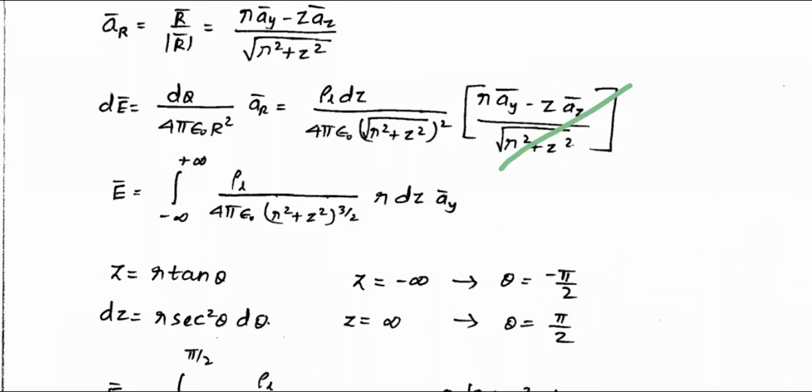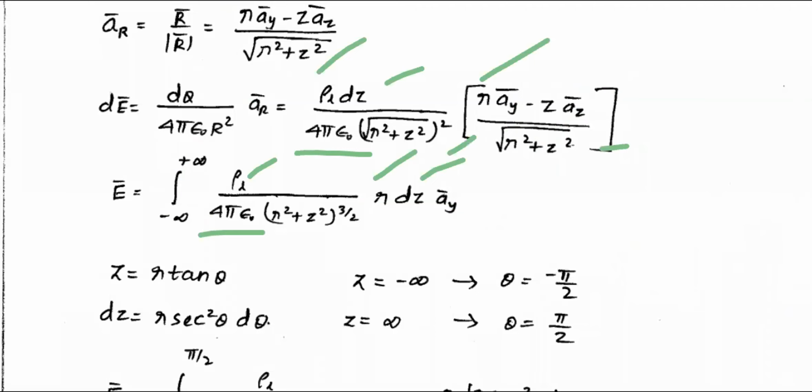I will neglect that. The remaining component I am taking: ρL dz, this r, over 4π epsilon naught, and here the square root of the square is there, that means the power 3 by 2. Again you can take the square outside, so you can write 3 by 2.